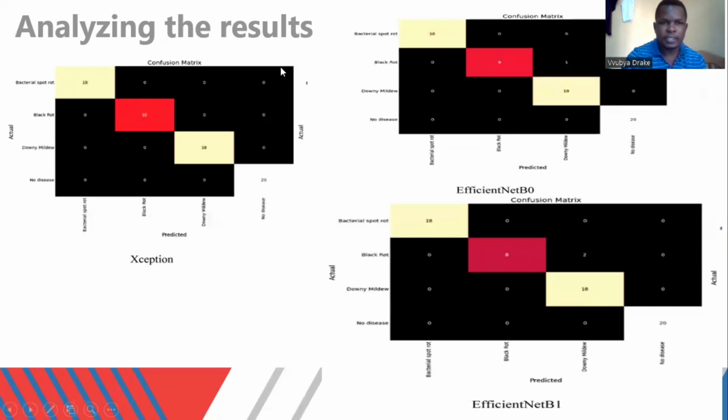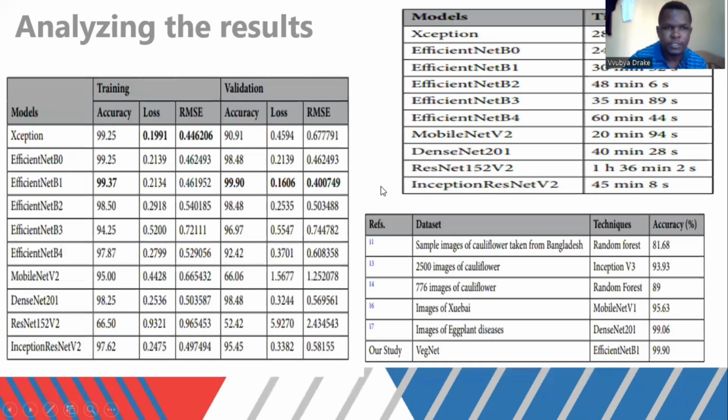Another thing was the confusion matrix, which shows the true positives. Xception has, on bacterial spot, 18 true positives. Then on black spot, it has 10 true positives, as we can see. So this is just to compare the results.